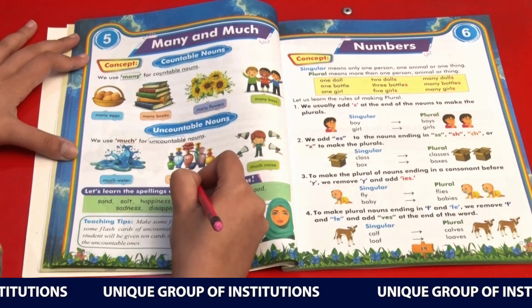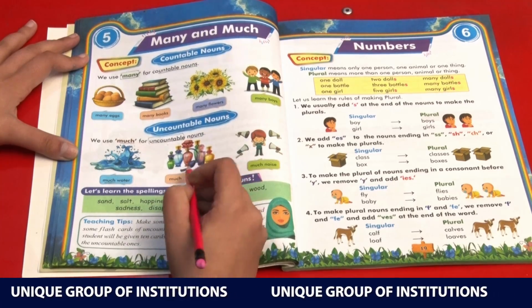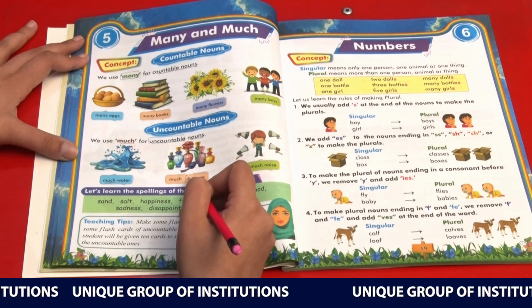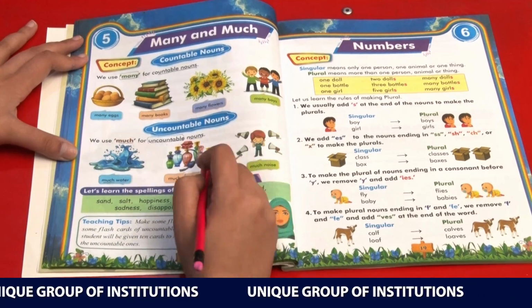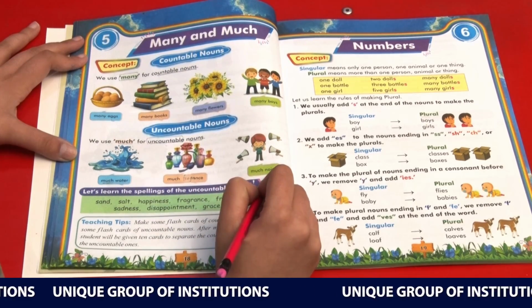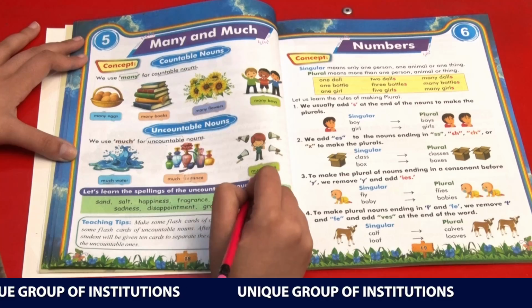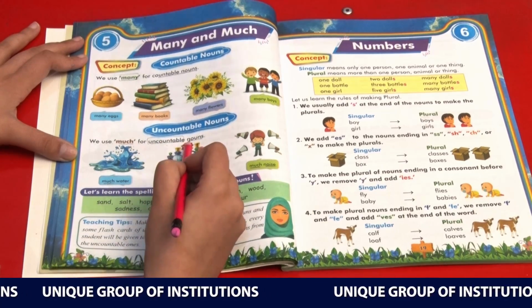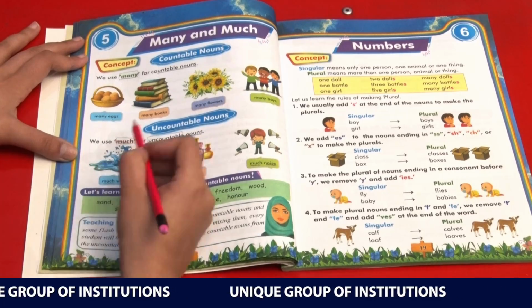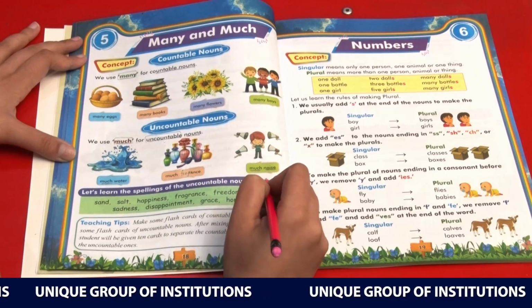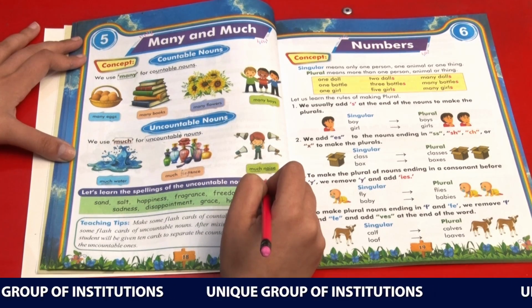We have to put much fragrance because we can't say many fragrances, as there are a lot of fragrances and we can't count them. Then we have much noise. We put much there because we can't count the noise. So these are called uncountable nouns, for which we put much, and for countable nouns we put many. Thank you so much. Hope you understand the concept of many and much.